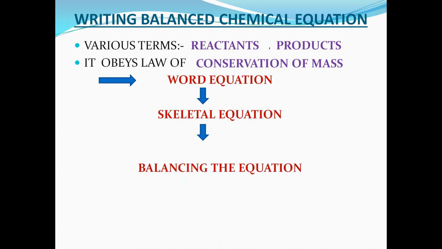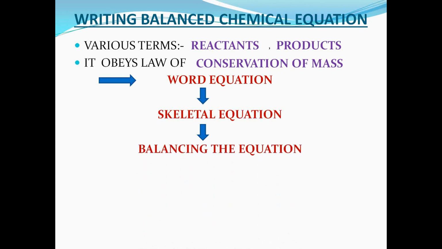Next is balancing the equation. This is the most crucial part of the balanced chemical equation. In this, we will multiply the reactant or product with natural numbers such that the total number of atoms and the different kind of atoms in reactant together is equal to the total number of atoms and different kind of atoms in product.